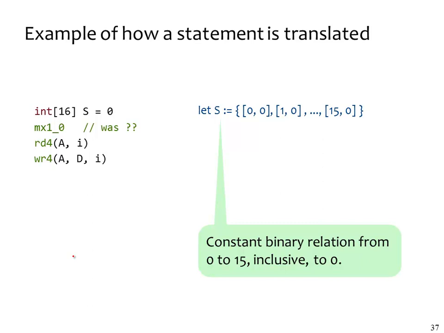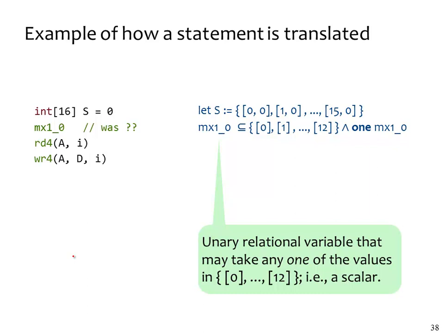Now, how are we going to translate this reference to the symbolic variable mx10, which refers to one of our holes? Well, it's going to be a unary relation, but before we hand this off to a solver, we're going to conjunct it with these two additional constraints, which ensure that this relation is a scalar. So what are we saying here?